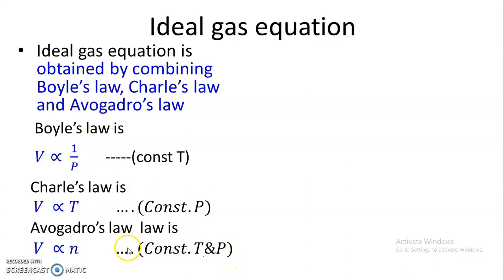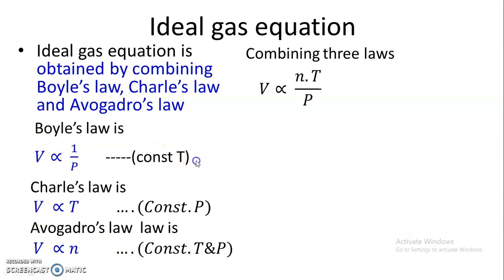So these are the three laws: Boyle's law, Charles' law and Avogadro's law. Now combining these three laws, we can write volume is directly proportional to number of moles and temperature and inversely proportional to pressure. This is the relation obtained by combining the three laws.